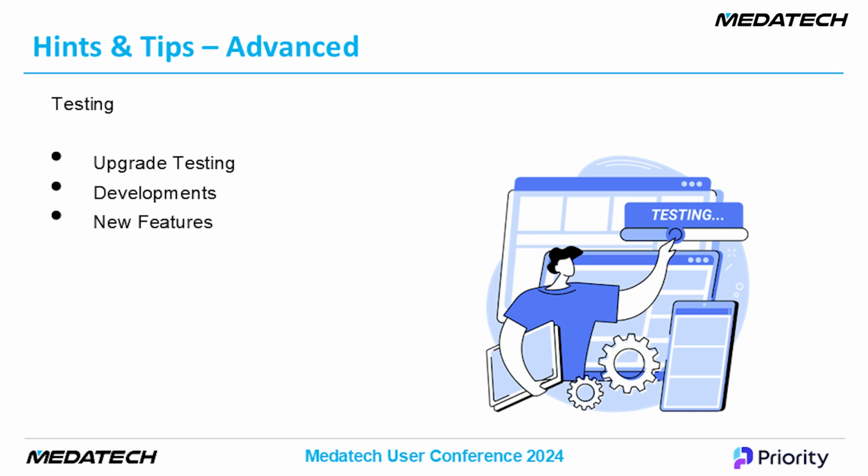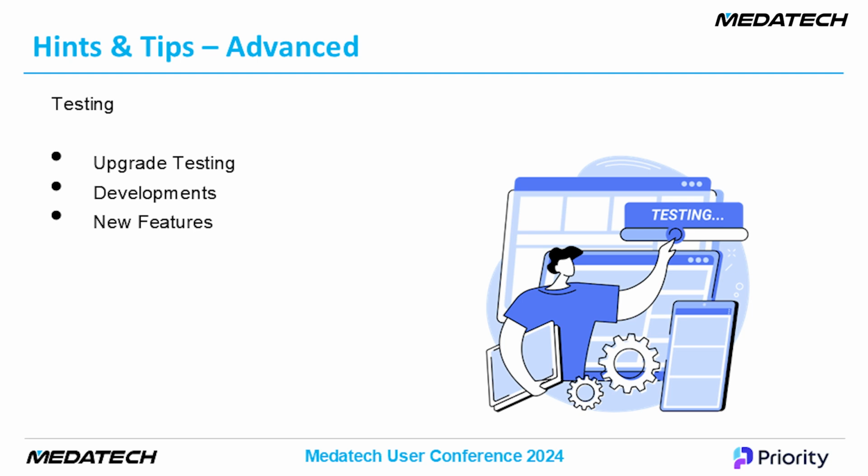Another advanced topic I'd like to talk about does also apply to day-to-day users in some aspects. So I want to talk to you about testing. There are three main types of testing we come across on a day-to-day basis on support. That is testing a new version of the system, like an upgrade, which I can see people in the audience are going through at the moment or have just been through or are about to.